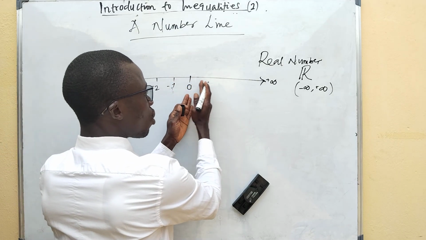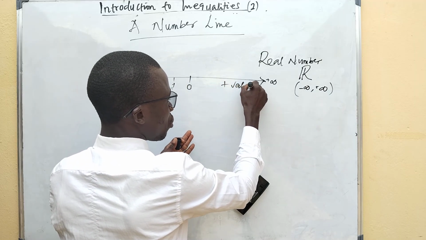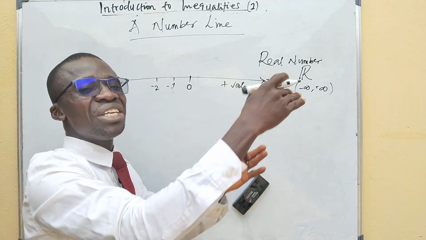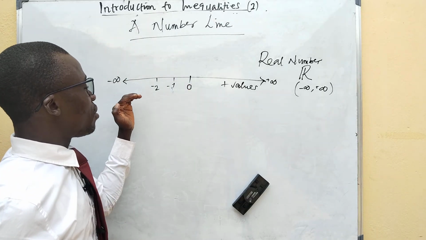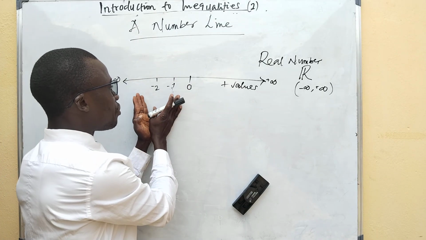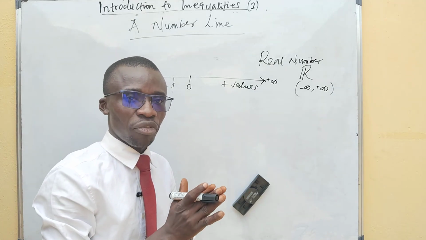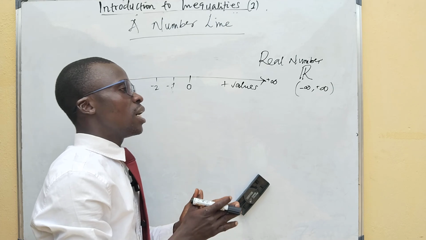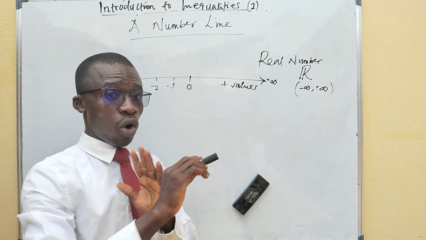But from this 0 to the right-hand side are all positive values, from 1, 2, 3, 4 to infinity. Any numbers that contain negative values and positive values, we call them integers. But natural numbers are the set of positive values only.